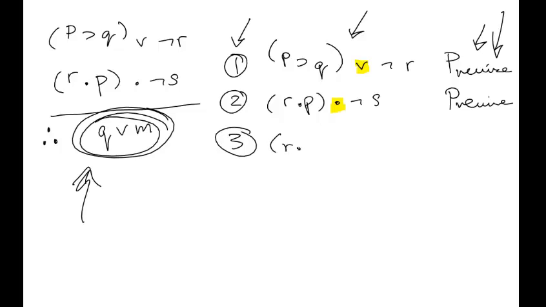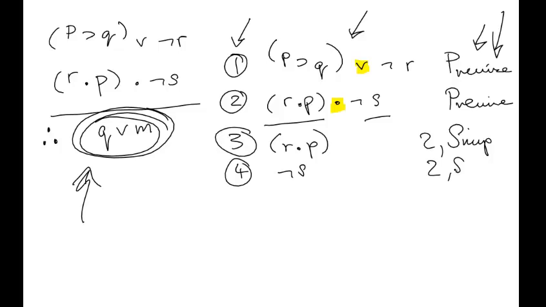If I apply the rule of simplification, as we saw in the previous videos, I can simplify a conjunction. I've got a conjunction here with these two conjuncts, and I can simplify to conclude the other conjunct. And if I want to, I can go ahead and apply it again.